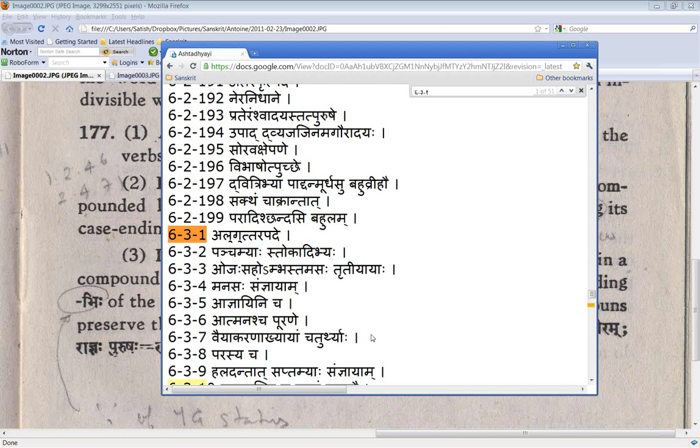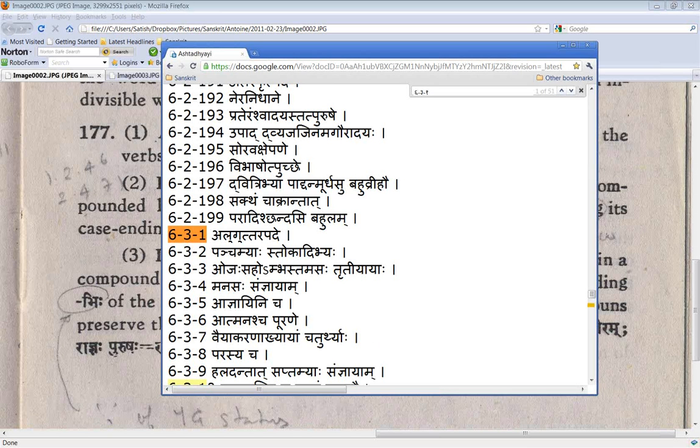We'll look at them in more detail later, but yes, there are some cases when the Purapadam will not take supluk. So that's why aluk, and that goes, by the way, from 631 to 6324. Of course, Uttarapade goes all the way in 6.3, but the aluk goes from 631 to 6324.